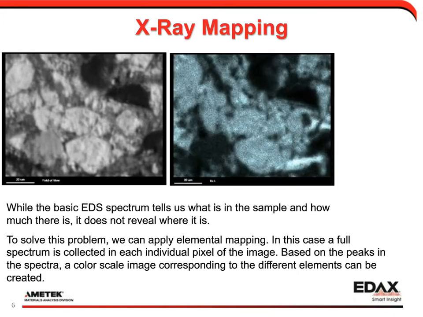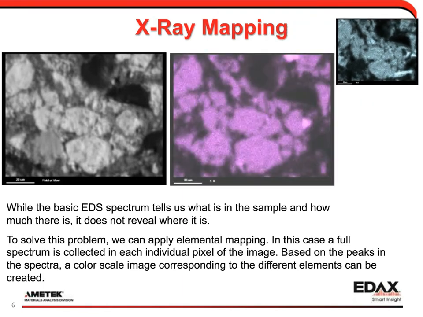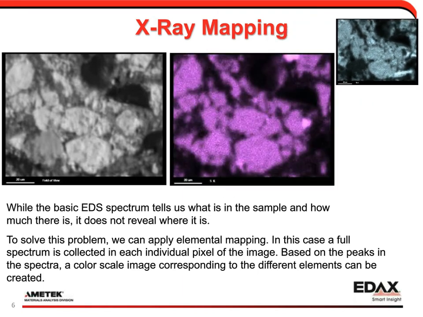So here we see the barium map for this sample, and we can see there's a pretty decent match between the bright particles in the backscatter image and the barium on the right-hand side. If we take a look at the sulfur map, we can also see that there's a strong correlation between the barium and the sulfur, but not completely.